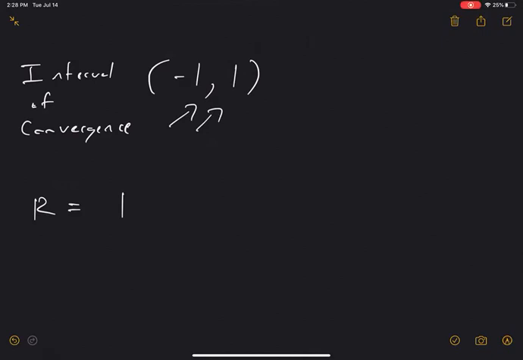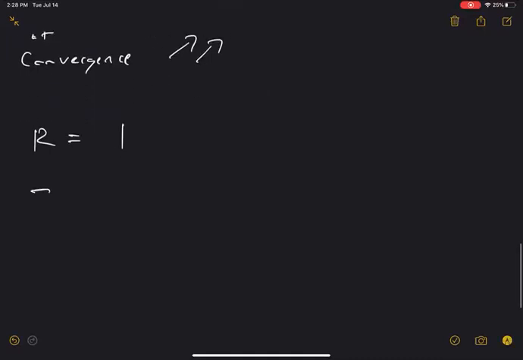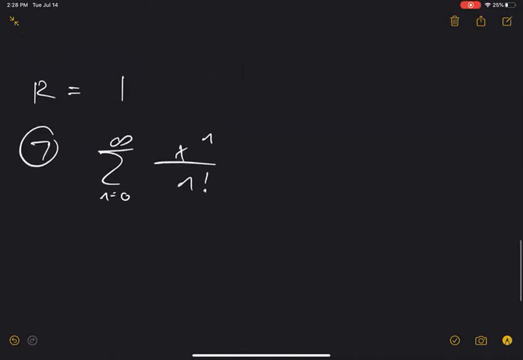All right, let's try another problem. Number 7 is an interesting one, and that's going to be a power series we'll become very familiar with. So remember, 0 factorial is equal to 1.